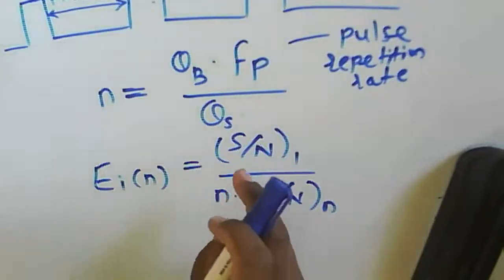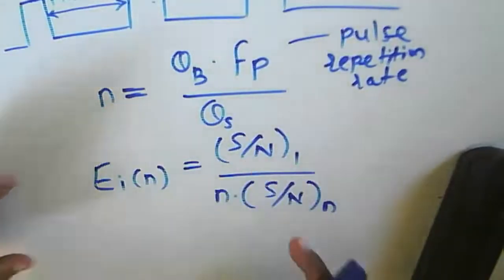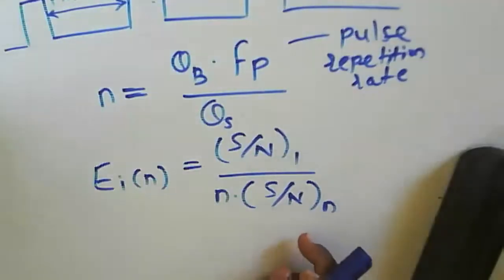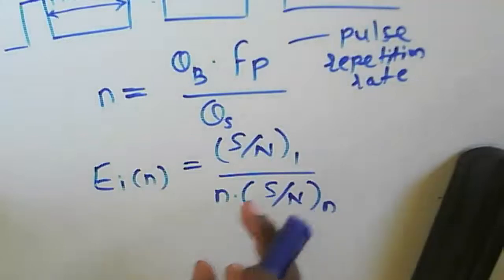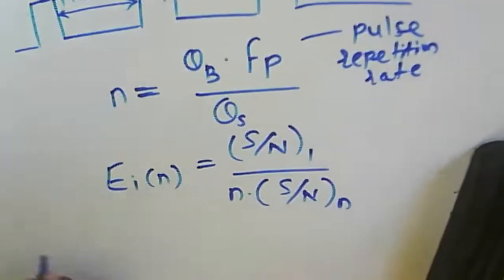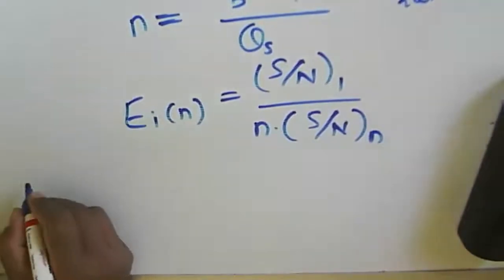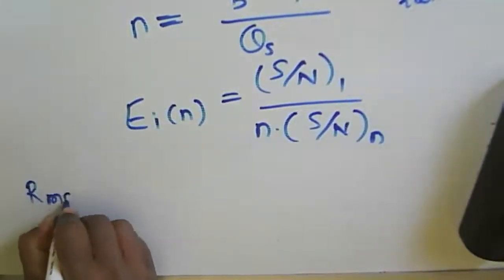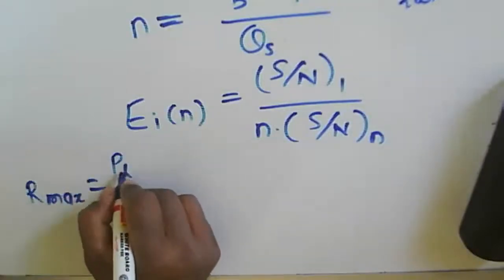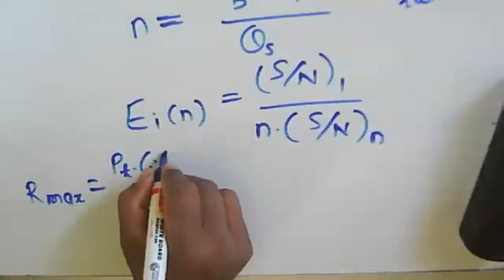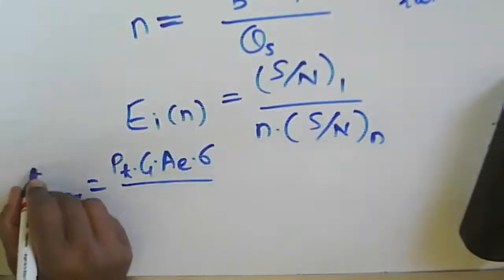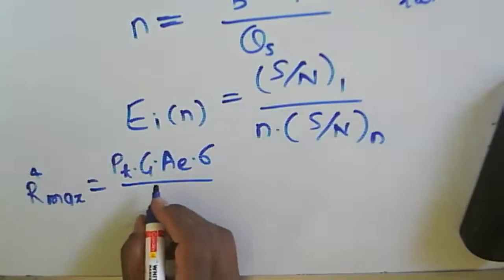So in that case, we are expecting the pulse integration factor with respect to the signal to noise ratio for n pulses and one pulse. Then we can modify R max, modify the equation now. In the earlier case we have written the equation: Pt G Ae sigma divided by, instead of 1 by 4, R raised to 4 here.